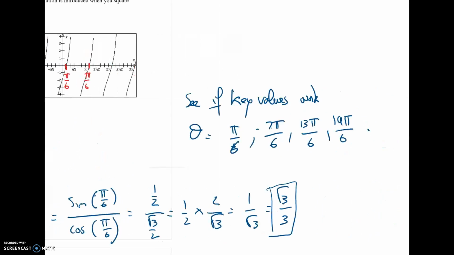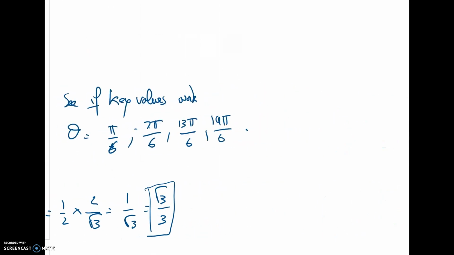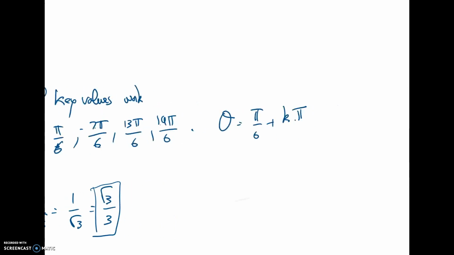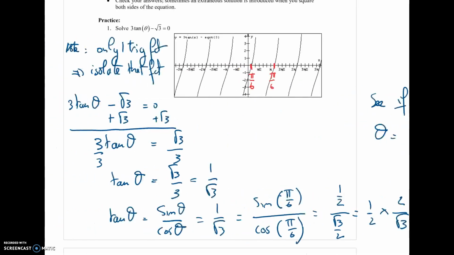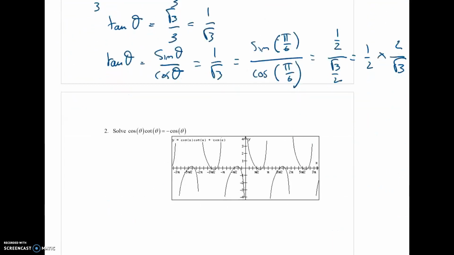What I could write here is that my angle theta is equal to pi over 6 plus k multiplied by pi, with k being an integer.